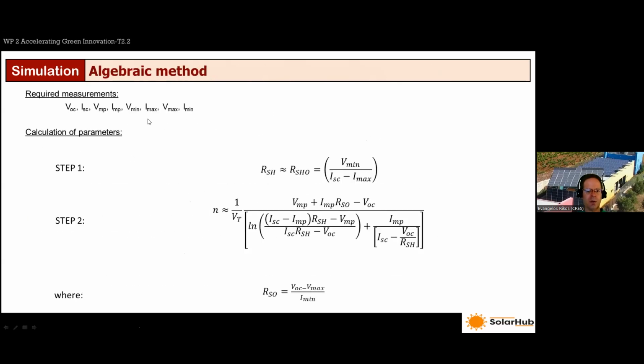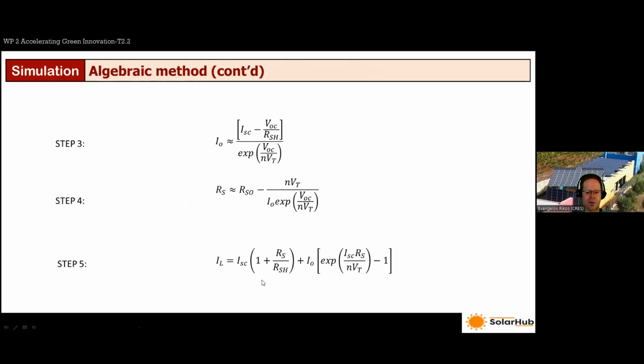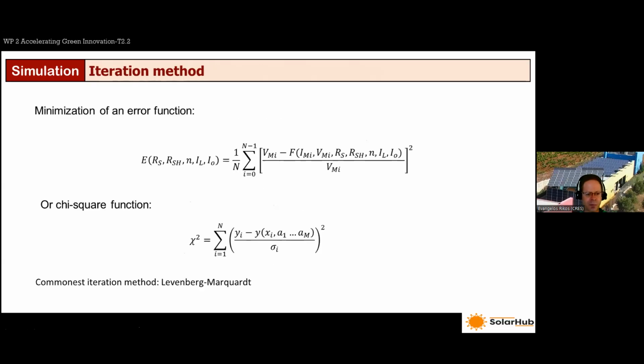And once we have all this initial set of values, we can move on to calculating all the parameters step by step, starting from the shunt resistance here, N, and so forth. Okay, there is a complete set of equations. We don't need to go over them in detail, but substituting one after the other, we get all the parameters we need.